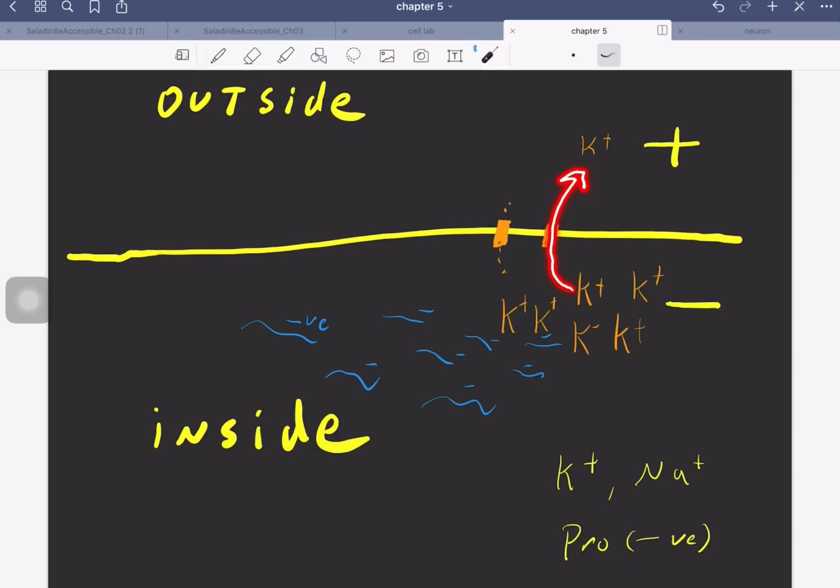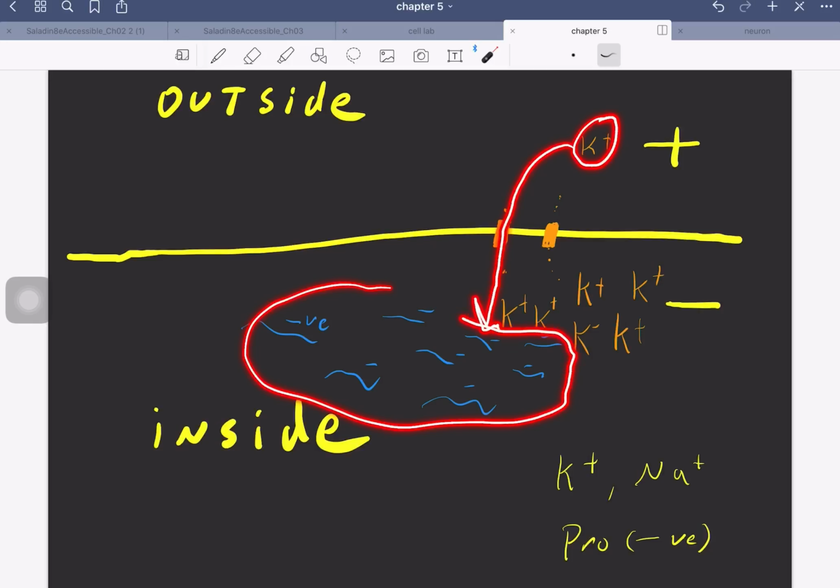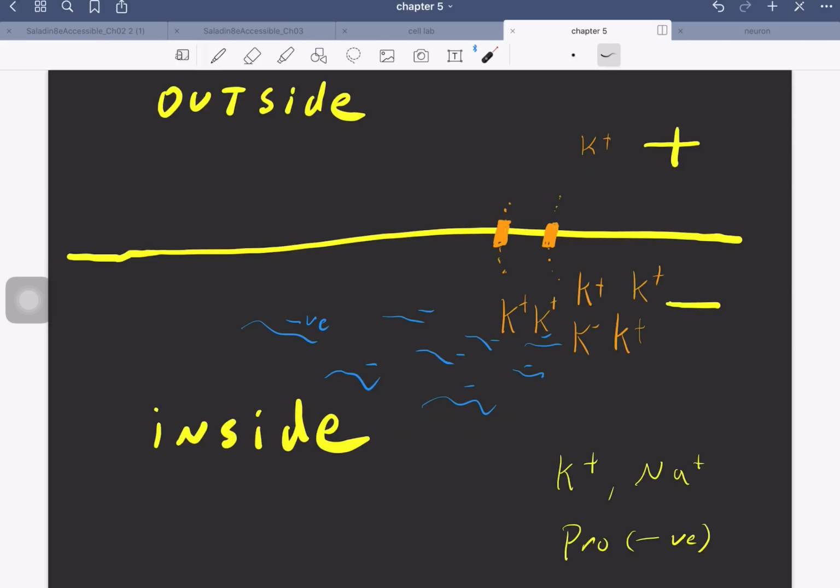Now, some of that potassium will stay out there, but a lot of potassium, once it's out here, will basically be drawn back in. Now, why is it going to be drawn back in? Part of it is because potassium is positive and there's a lot of negative organic molecules here.